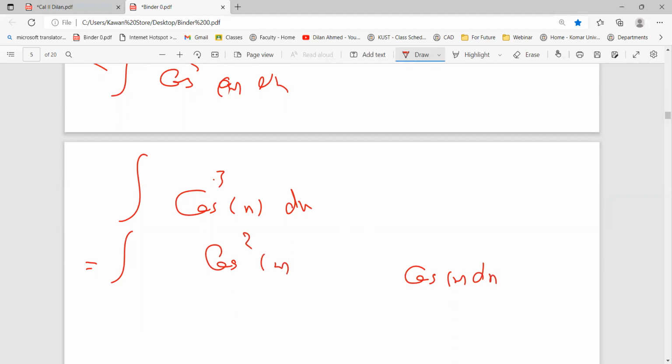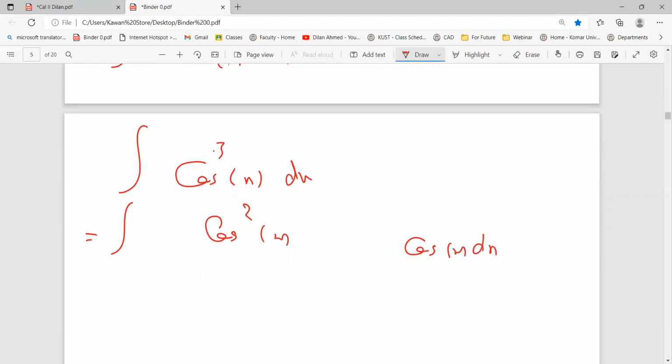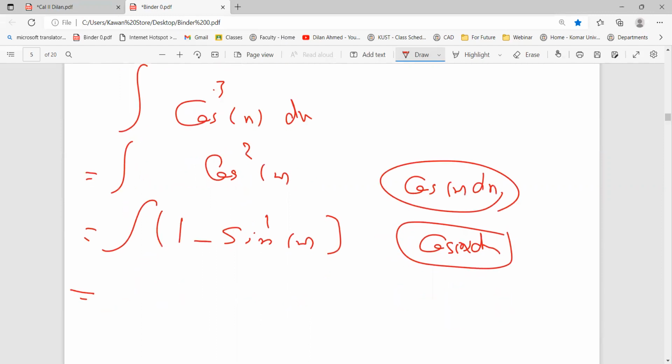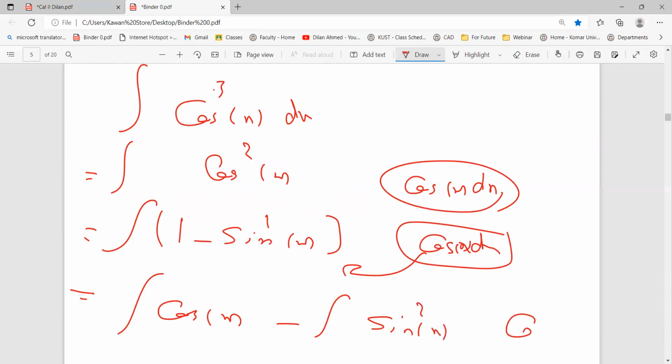Okay. What was the second step? Cosine squared to what? 1 minus sine squared. Thank you. Next step. Right?